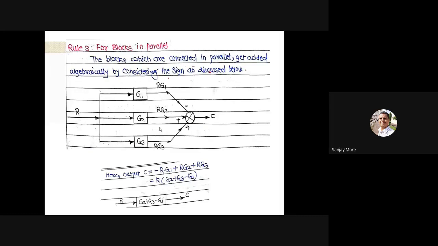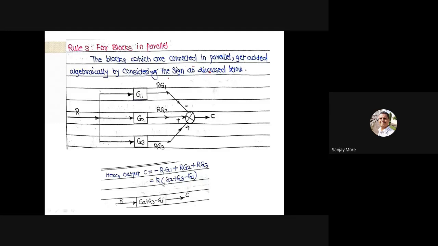Then blocks connected in parallel, considering algebraically the sign of these blocks. R is the input, G1 has a minus sign, and the others have plus signs, meaning RG1 with minus, plus RG2 plus RG3.